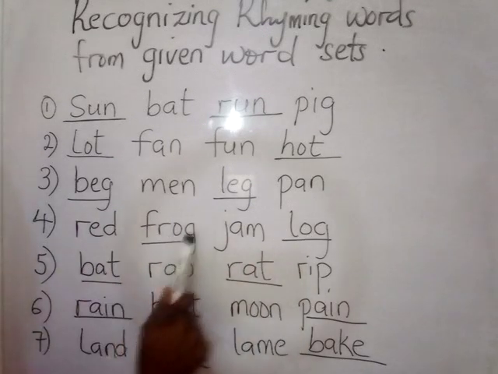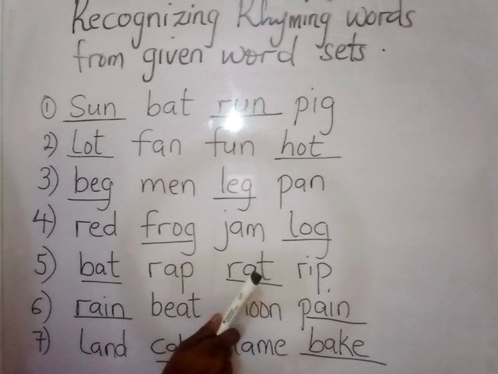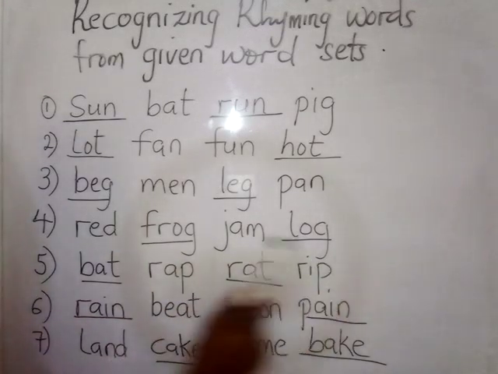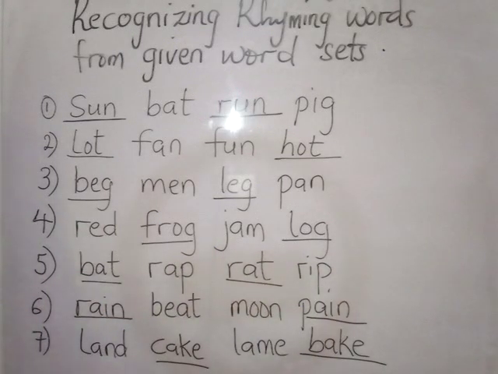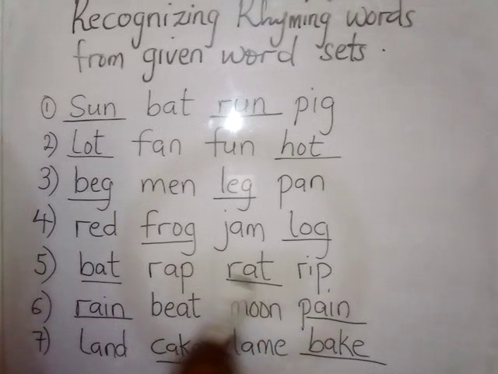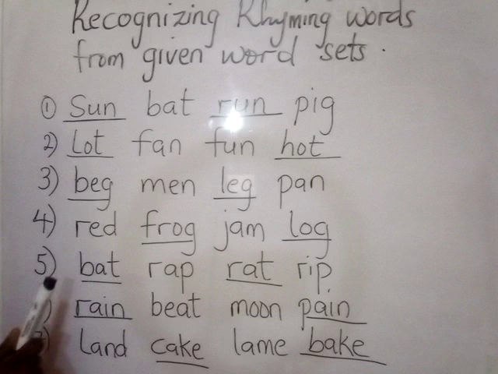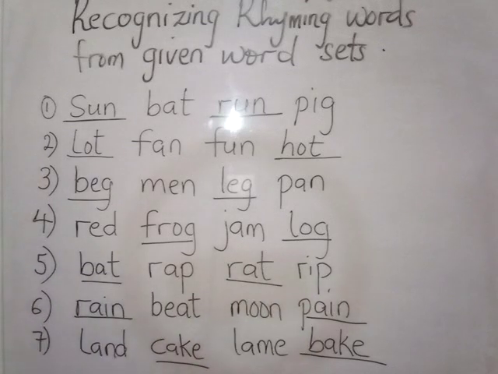We find that frog and log rhyme because they end with the same sound. Bat, rap, rat, rip. In spite of the fact that these three have the same beginning sounds, they don't rhyme because their ending sounds are different. So the only word here that rhymes with rat is bat, even though it doesn't have the same beginning sound, but it ends the same way as rat. So bat and rat are the words we're looking for in this set.